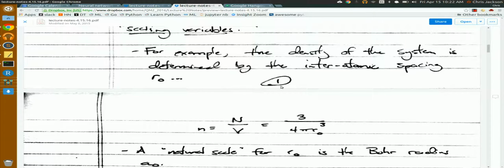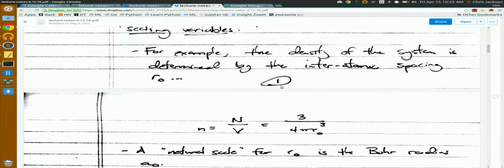So if we have particles like this, I'm considering this particle. The number density of this particle is 1 inside of this volume.